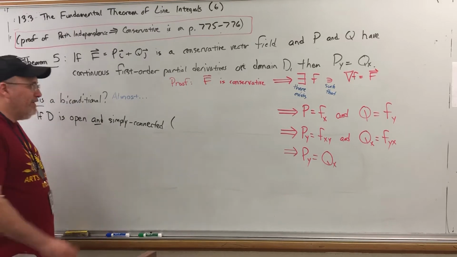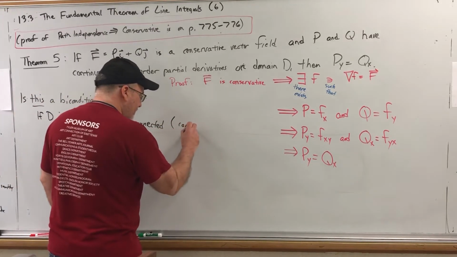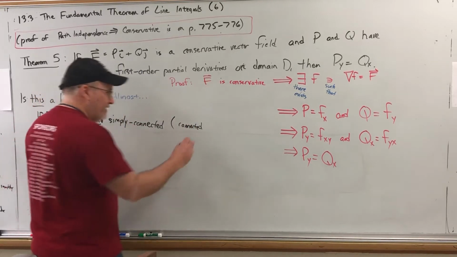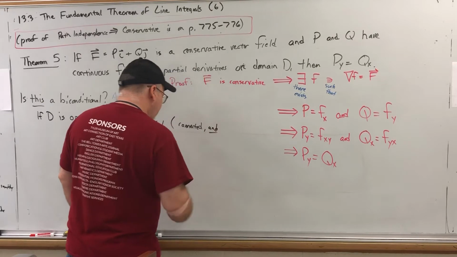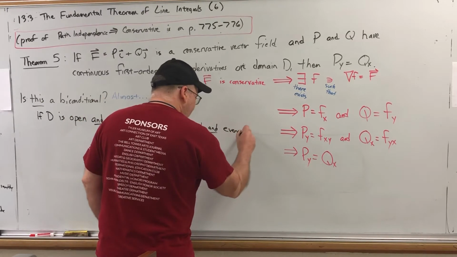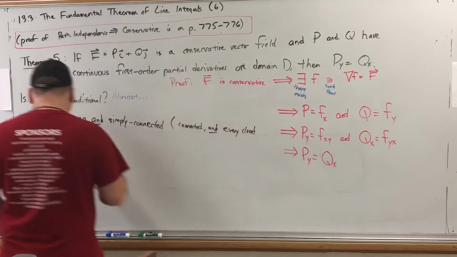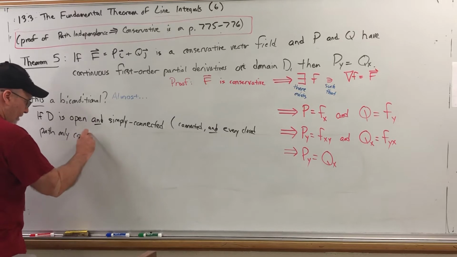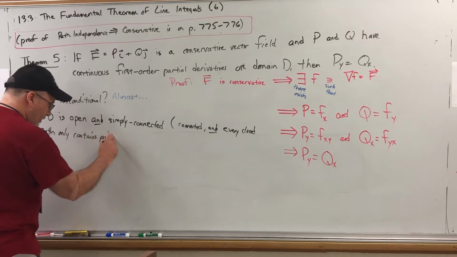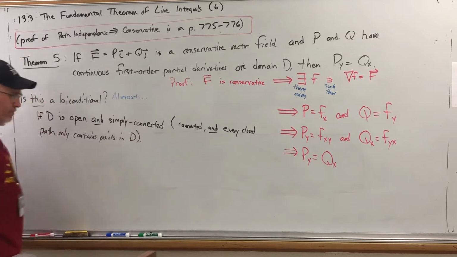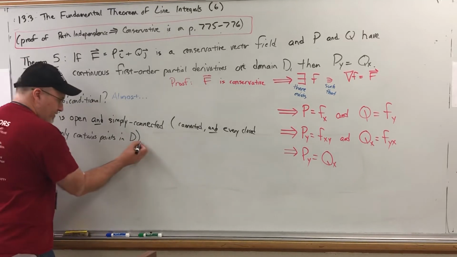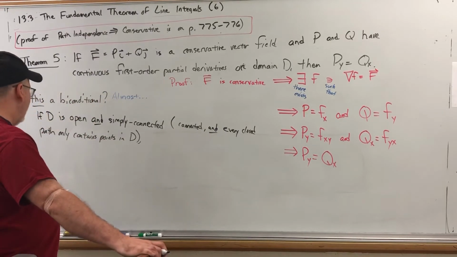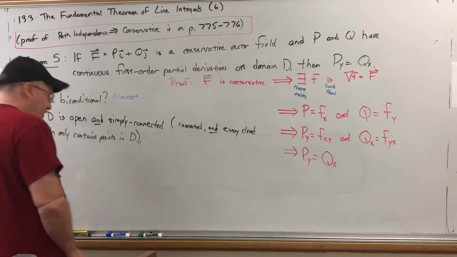So simply connected means connected, so any two points can be connected with a path that is contained in the set, and every closed path only contains points in D. And you might be thinking, well, wait a minute, if it contains every path from point A to point B, how could every closed path possibly not contain points in D?